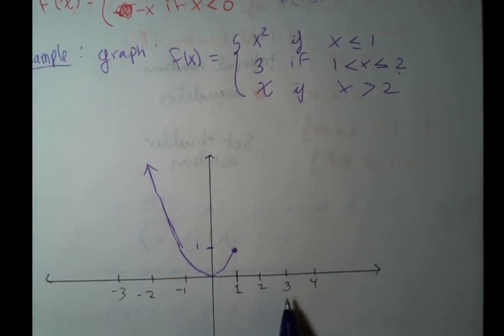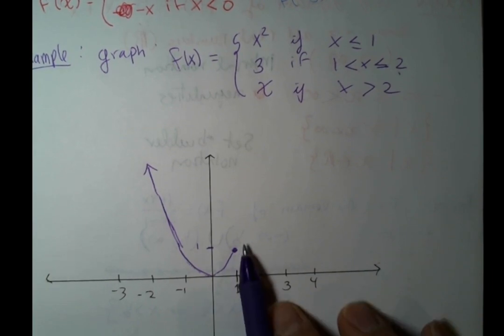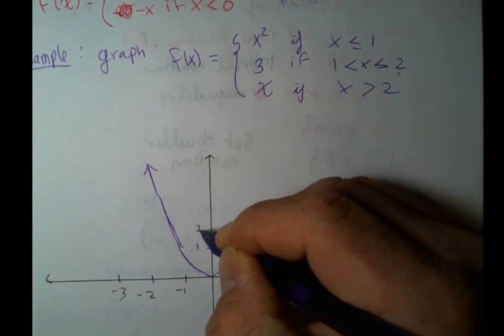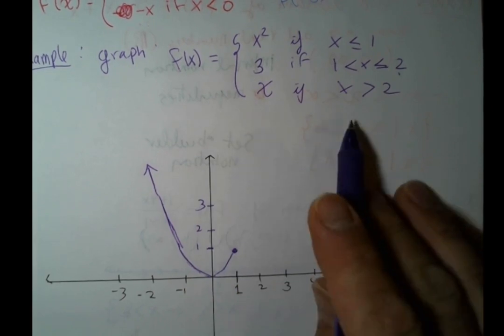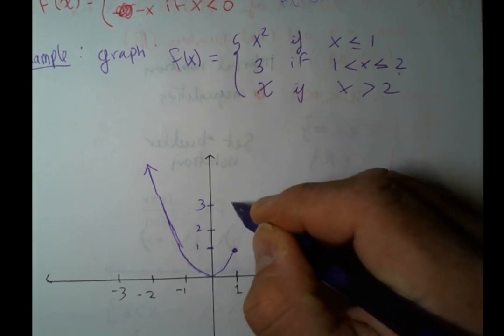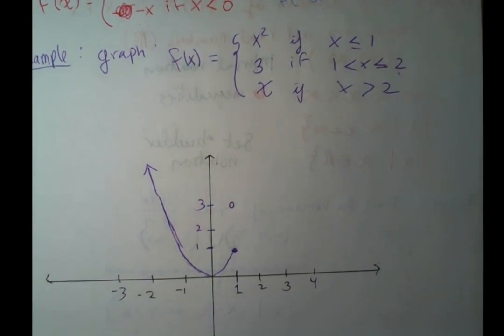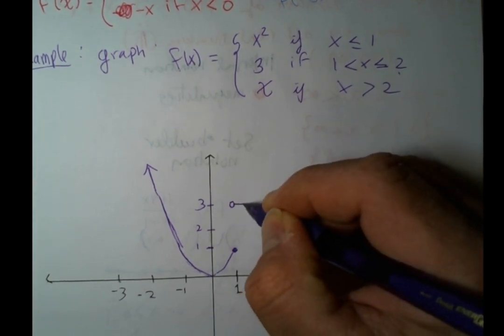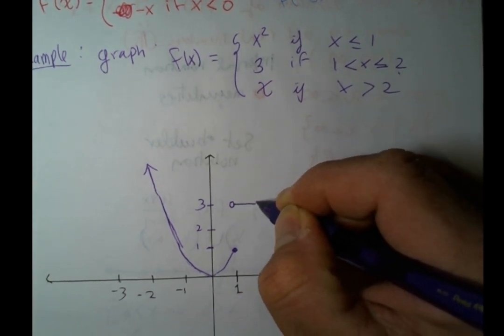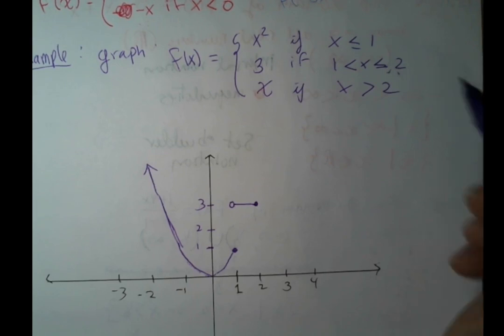All right, now between 1 and 2, the function is constant at a value of 3. Between the interval not inclusive of 1, so in fact here we have an open circle to indicate that it is not including the value of 1, but it includes every other value greater than 1 up to, and in this case, including 2.